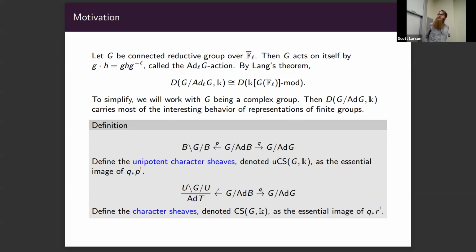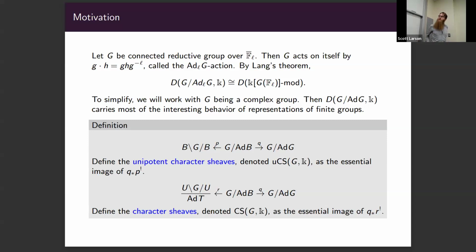And by Lang's theorem, if you look at sheaves on this quotient stack, this is going to be just the same as the representations of the finite reductive group. So this is some version of saying those are the representations described geometrically. Now, this doesn't tell you anything about those representations. It's just some purely formal fact that comes from an equivalence of stacks, but you can take it for what it is.